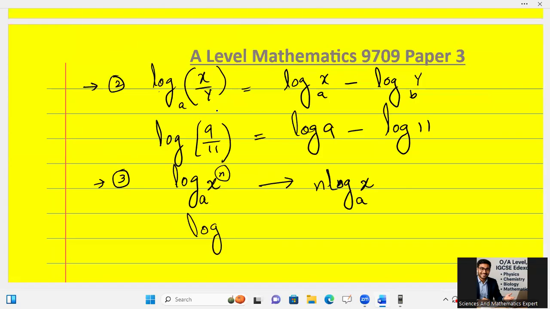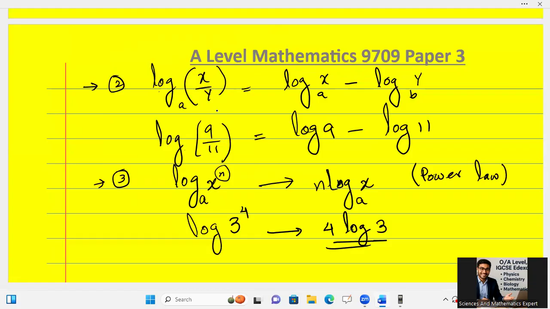When I am writing log for numbers, I'm not writing any base like 10, because we already know that the common logarithm has the base 10. Then you can write it 4 log 3 as a simplified format of the logarithmic function. So this third one is named the power law.